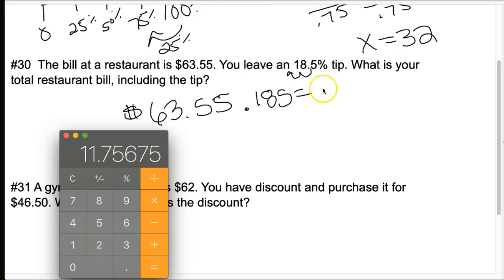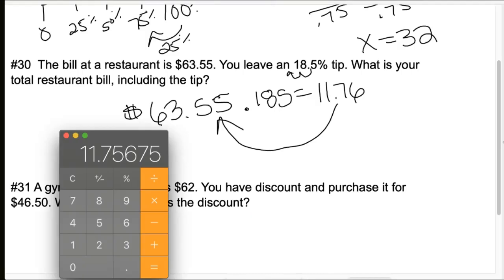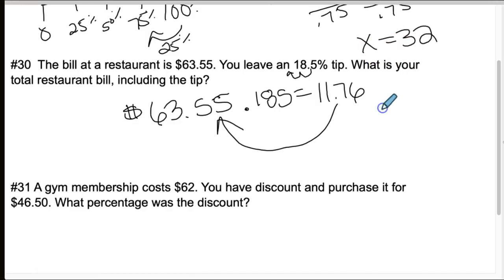So we'll say that is $11.76, and we're going to add that to the $63.55, because that's how much we would leave for a tip. That would be the 18.5%. So I'm going to take $63.55, add it to $11.76, and we get $75.31. So the total bill including tip was $75.31.